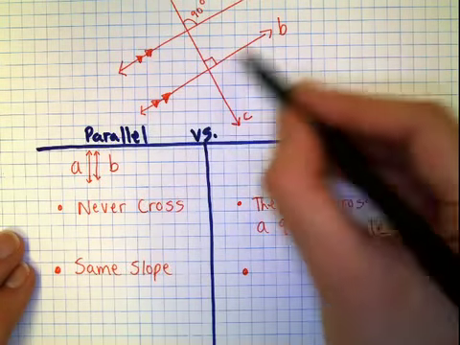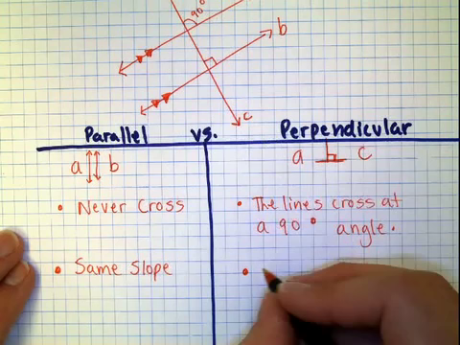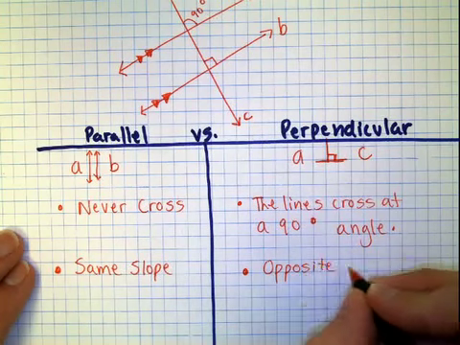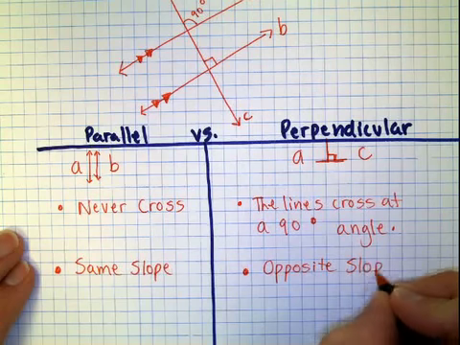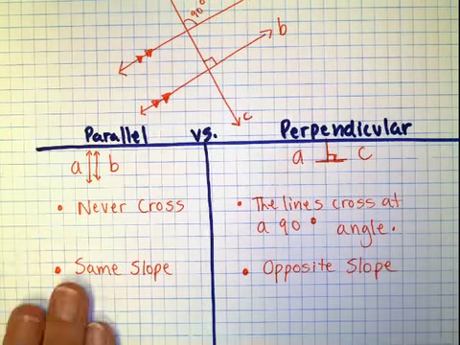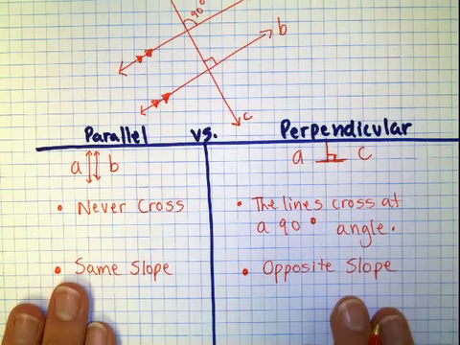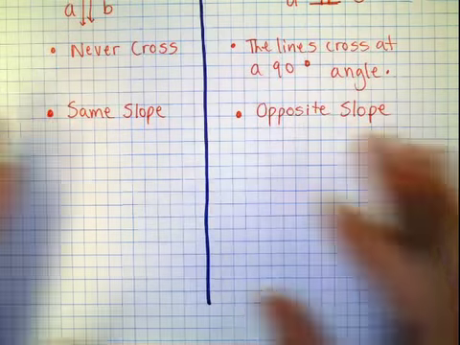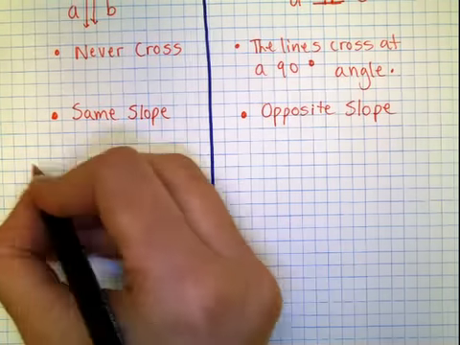Look at how one line's going up and one line's going down. They have opposite slopes. And that's the major difference between them. Parallel lines have the same slope. Perpendicular have opposite slopes.